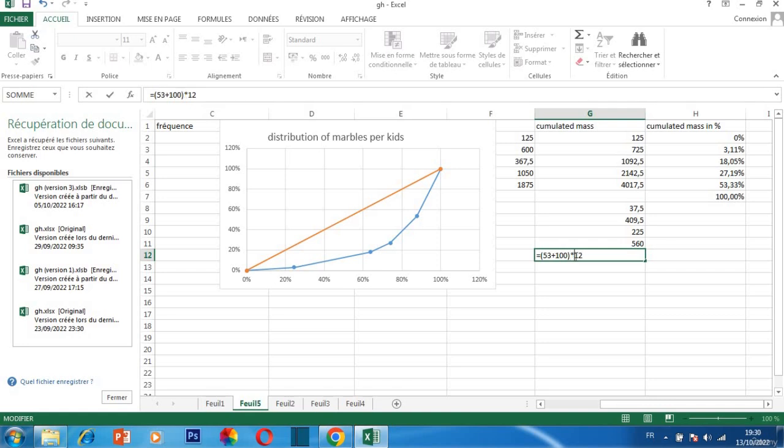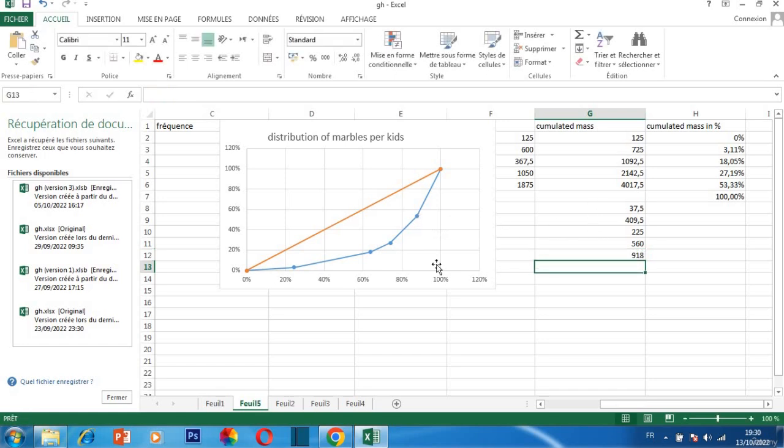This is the height. Multiply by 12. It's 1,836. 1,836 divided by 12 divided by 2.